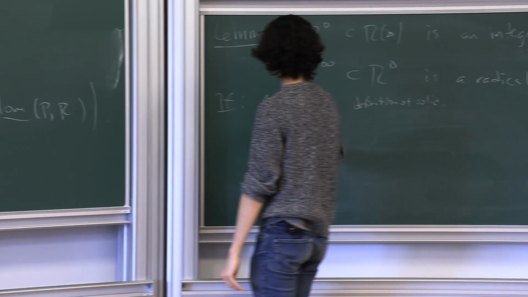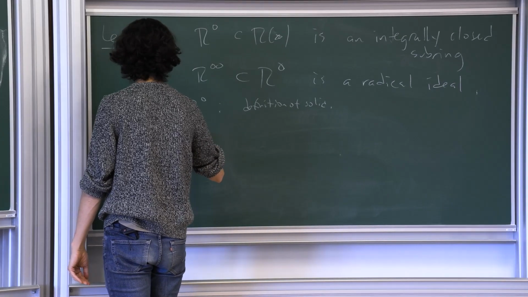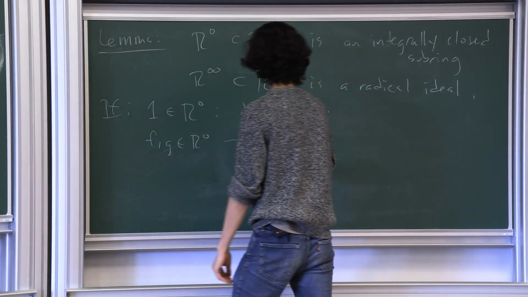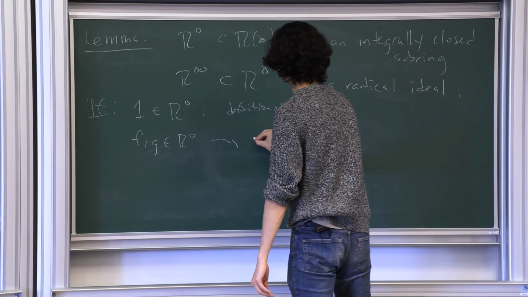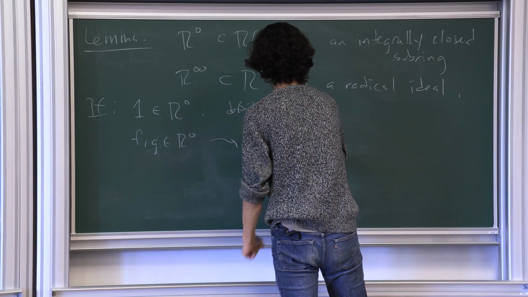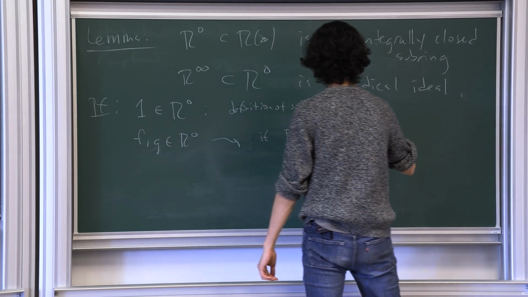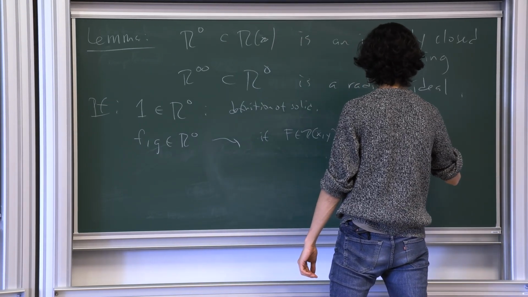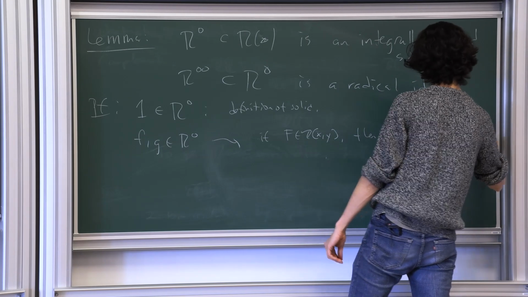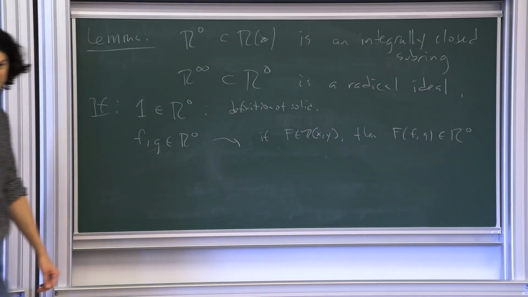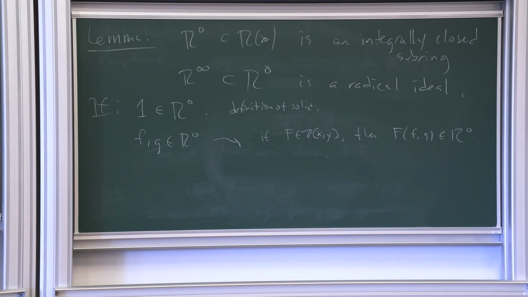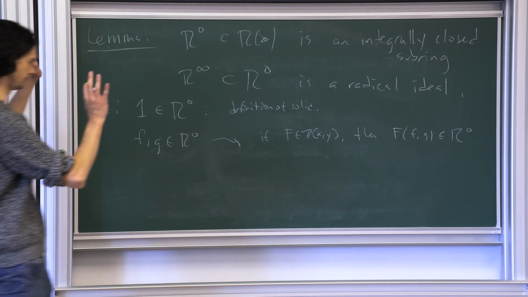Okay, now I want to show that if f and g are in there, I'll prove that it's a subring by showing that if you apply any polynomial to f and g, then you're still in there. So how can we do this?